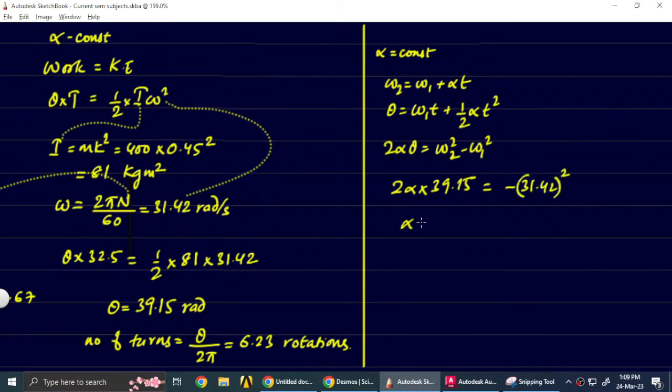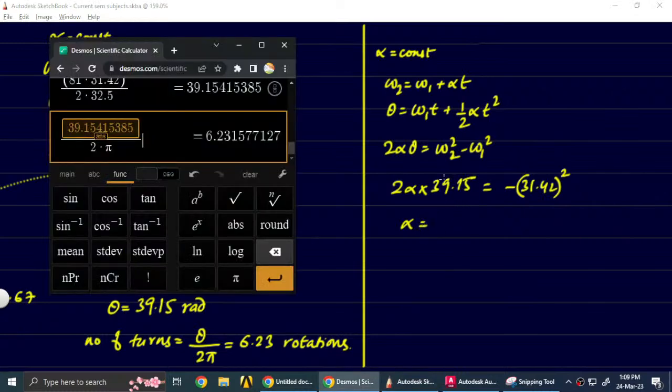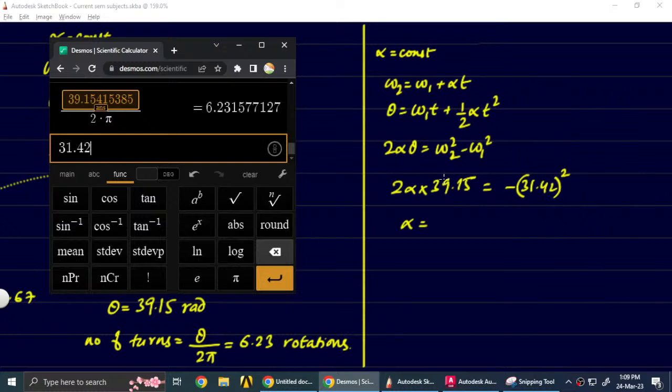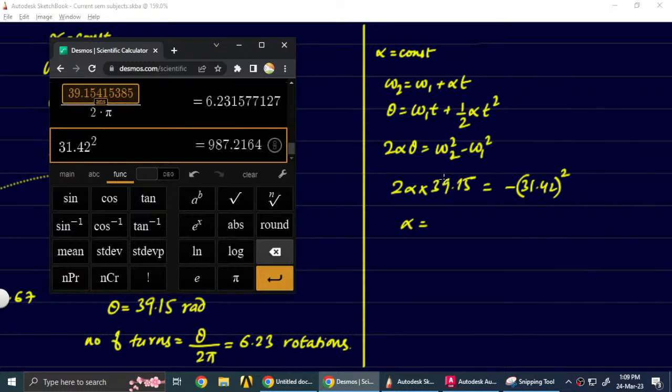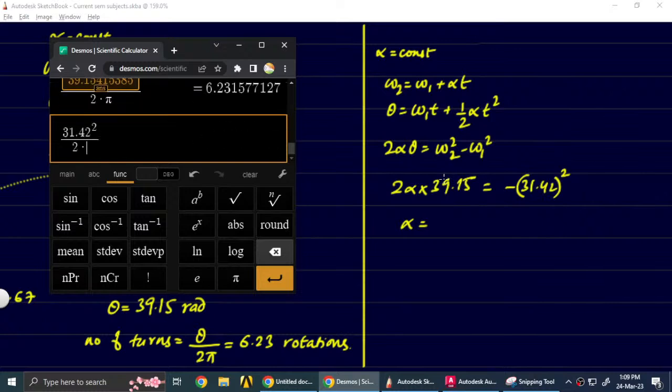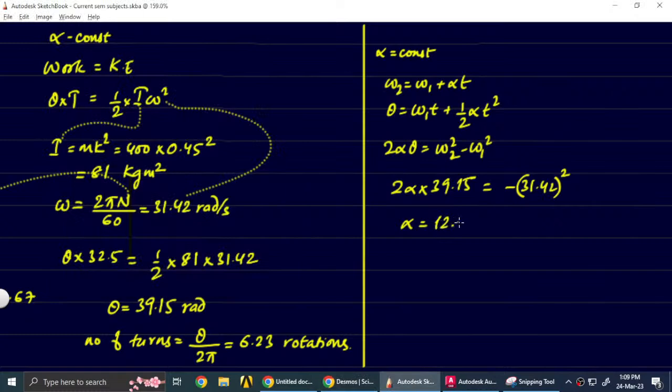Now alpha is going to be negative because it is deceleration. Let's find that value. It's 31.42 squared divided by 2 into 39.15. So 12.61 radians per second square. This is the value of alpha.